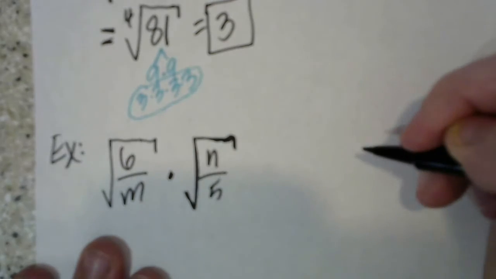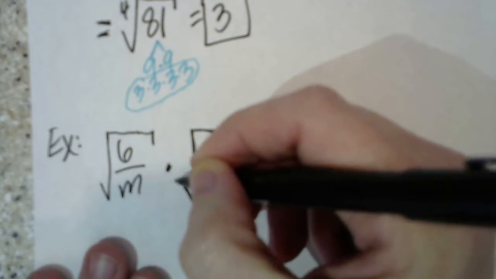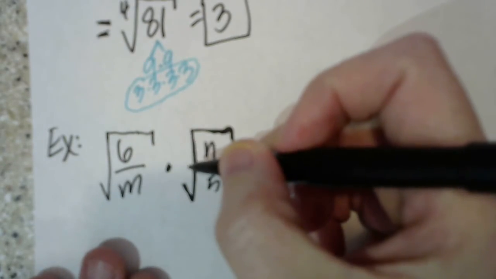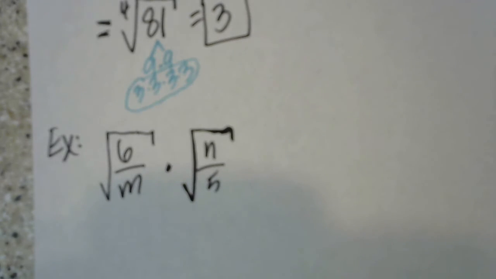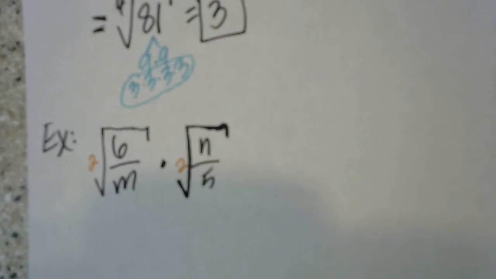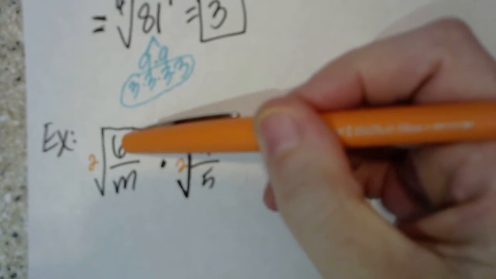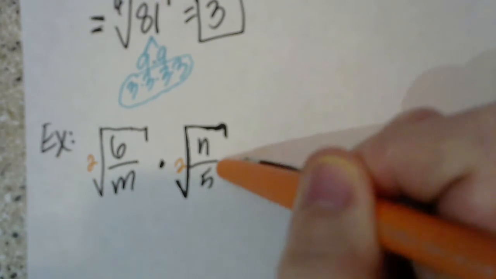But they're under the square root. I know these are the same type of root because it's understood to be a 2 there, right? So I know that I can multiply these because they're both square roots. There is no square root of 6. There is no square root of 5.